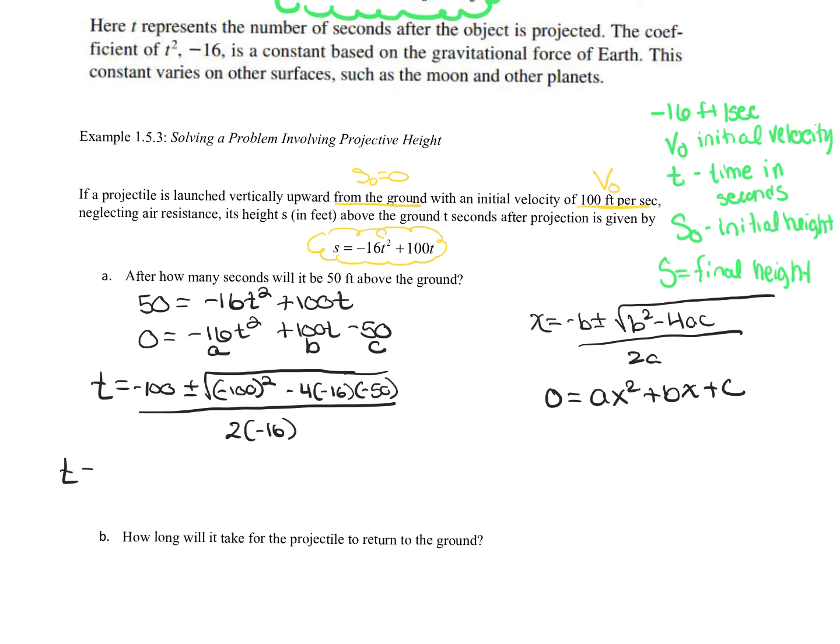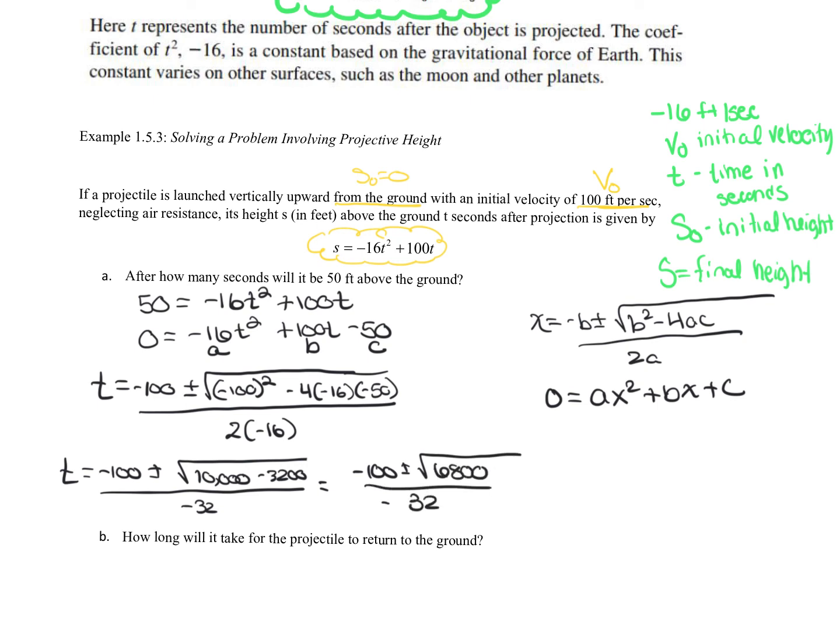Okay, t equals negative 100 plus or minus the square root of 10,000 minus 3,200 all over negative 32. And then this equals negative 100 plus or minus the square root of 6,800 over negative 32.